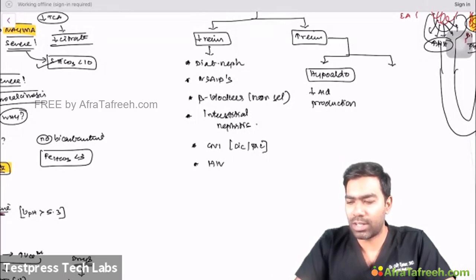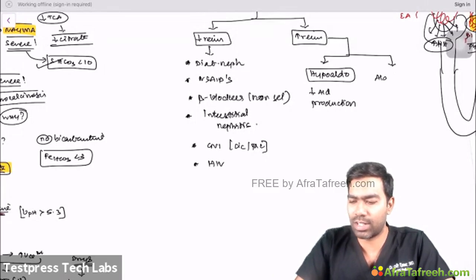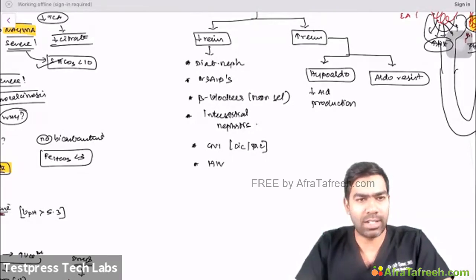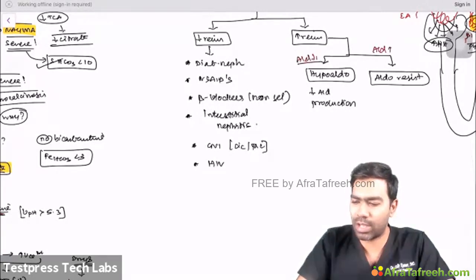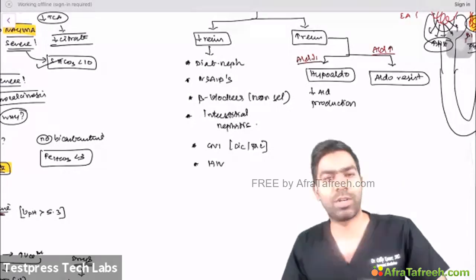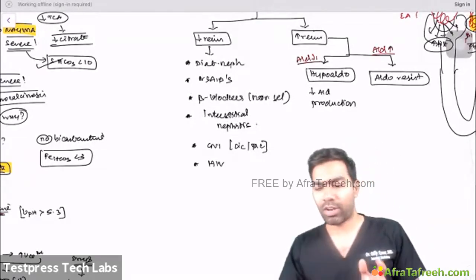Or probably there could be a resistance to aldosterone. The tubules are not responding to aldosterone. Aldosterone is still there, but tubules are not responding to aldosterone. So remember, in both these conditions, renin may be high or even normal, but here the aldosterone levels will be low. Here the aldosterone levels will be high, because in the other condition, we are talking about a tubular resistance to aldosterone. Here we are talking about a hypoaldosteronism.